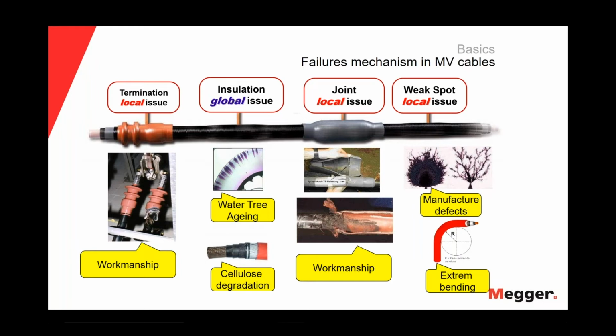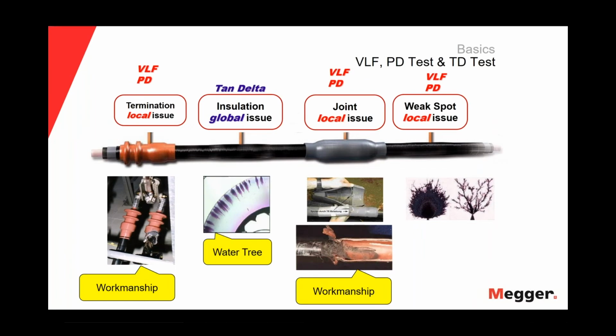And depending on what kind of problems we are dealing with, we can use VLF or partial discharge to detect local issues, okay? In the case of the VLF, to convert a local issue into a fault, that problem should be a severe or a big problem.